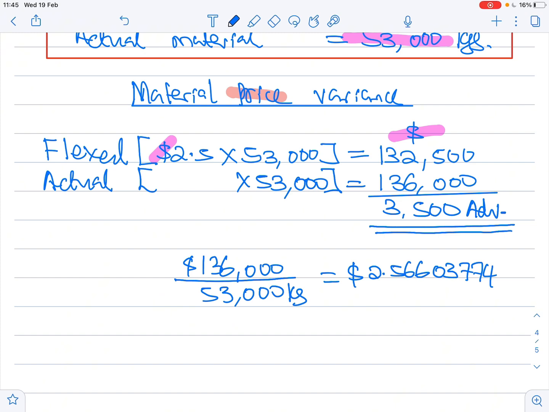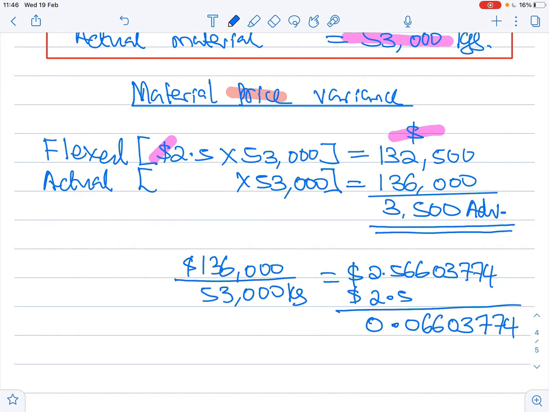From what you have on the screen of the calculator, please deduct 2.5. Now that's going to leave you with 0 point what? Yes, anybody? This is going to be 0.06603774. So this is the additional price paid per kg.